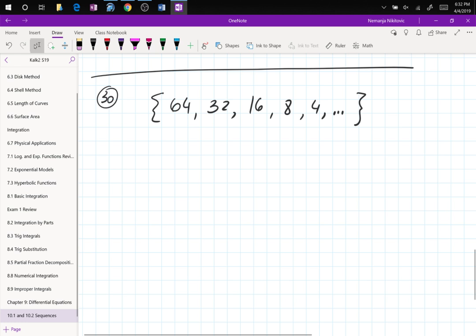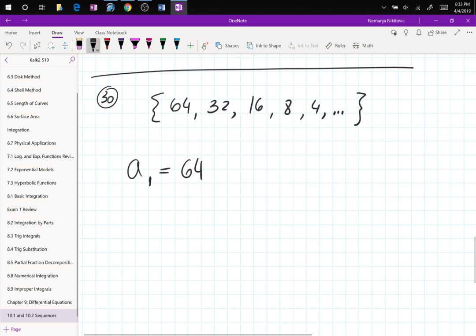So, what do I need? I need to come up with the formula an equals to something, right? The first value, a1, needs to be equal to 64. And I need to come up with that 64 by using the value of 1.